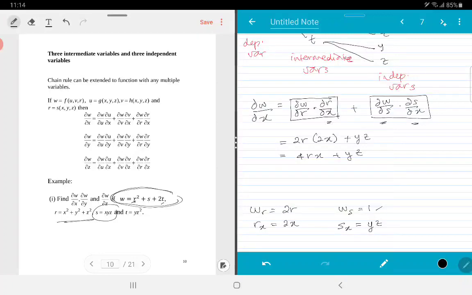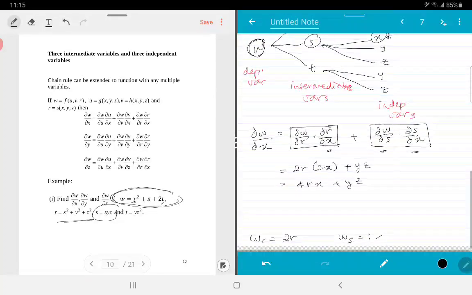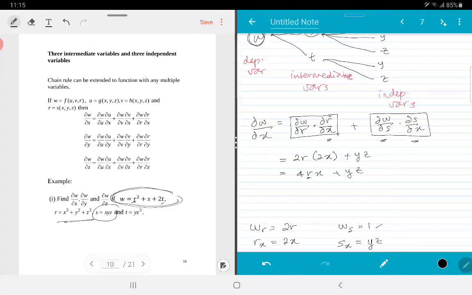And the last step is to replace the intermediate variables, if you have any, in terms of the independent variables. So we have an intermediate variable term here, which is r. So we're going to replace that r with x squared plus y squared plus z squared. Still have x here, and then yz. So this is the final answer for partial w, partial x.